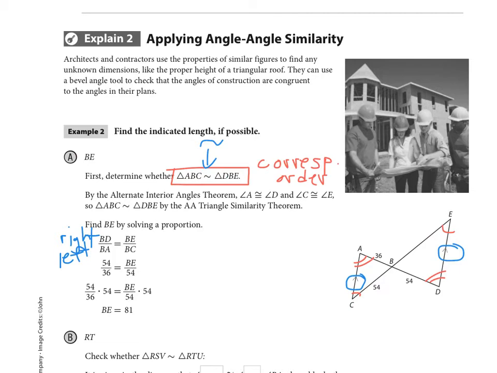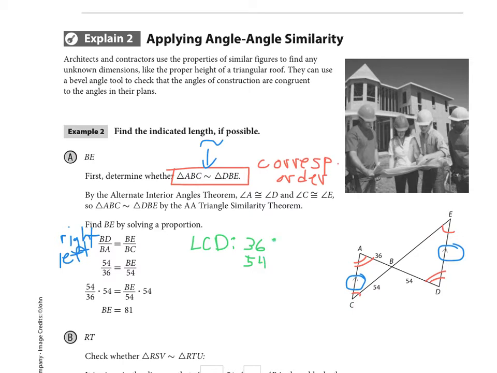Now your book leads you to multiply both sides by 54, but remember we're going to work with the LCD. So let's go and do a little bit of work on finding the LCD here. Two denominators that are used are 36 and 54.